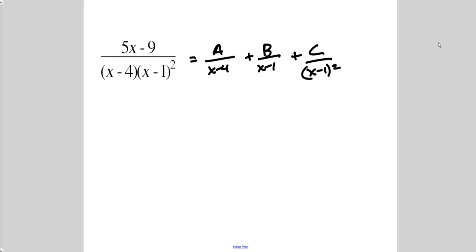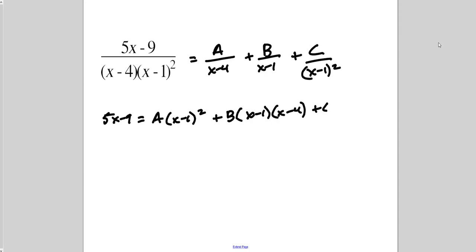Now we multiply both sides and we get 5x minus 9 equals a times x minus 1 squared, plus b times x minus 1 times x minus 4, plus c times x minus 4.